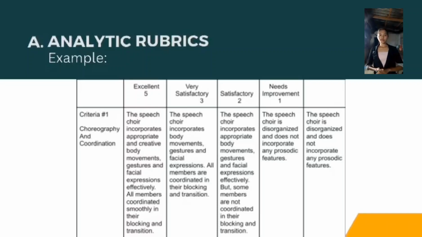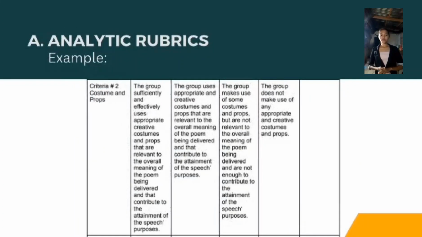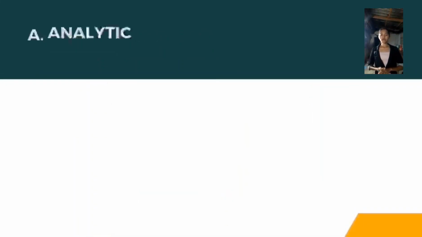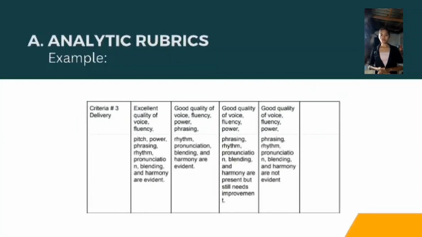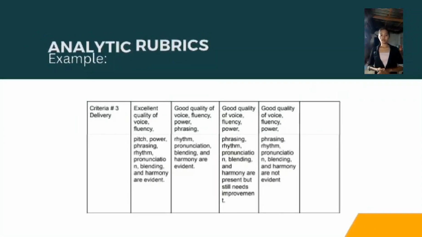In order for us to better contextualize or understand this analytic rubric, I have here one example. The table is an example of an analytic rubric for speech 4. As you can see, there are 4 evaluative criteria: choreography and coordination, costume and props, delivery, and the last one is interpretation. And there are 4 rating scales for performance levels with scoring in columns.